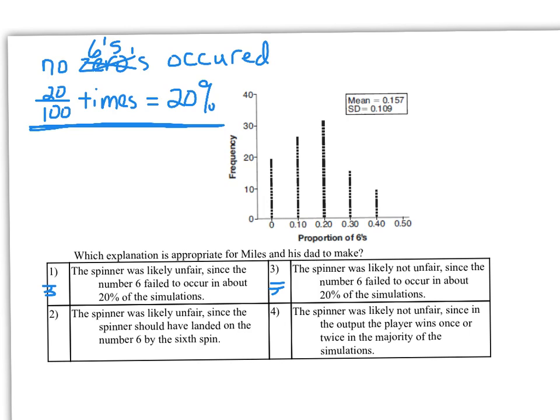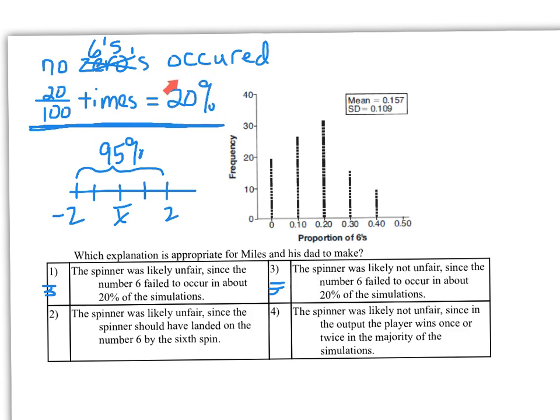Now remember though, if something occurs 20% of the time, that's out of that 95% confidence interval. So if we're talking about that 95% confidence interval, right, so we're talking 2 standard deviations on either side of the mean, this is my 95% confidence interval. So everything else, which would be out here and out here, occurs less than 5% of the time.